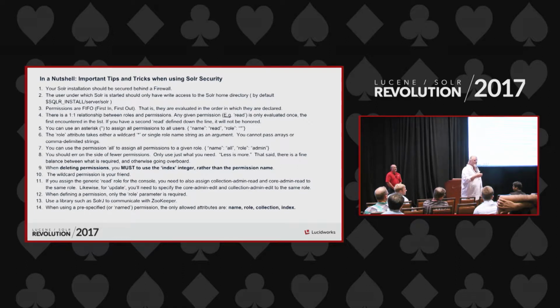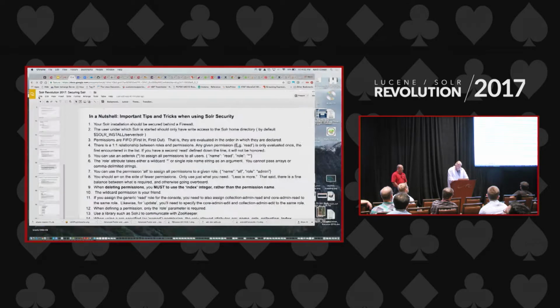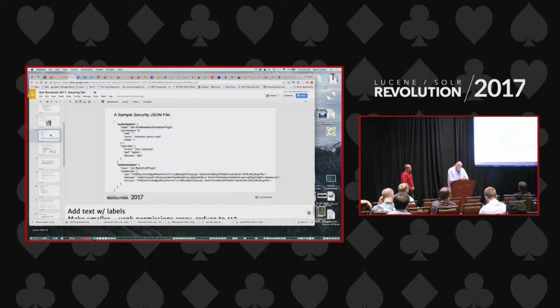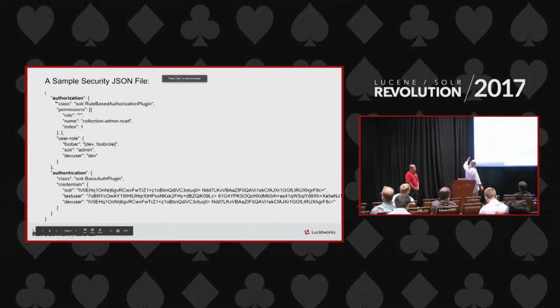So you would assign it, you don't want to assign it to a user, you assign it to the role. So you create a user. Yep, let me go back to my example here. So this is a sample security JSON file.